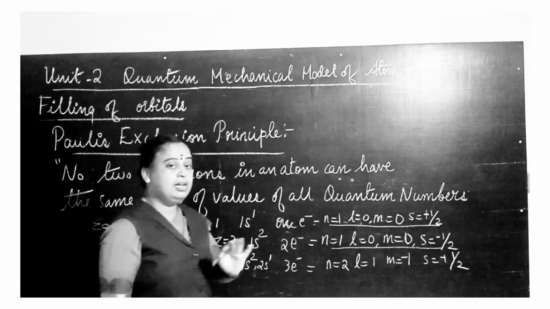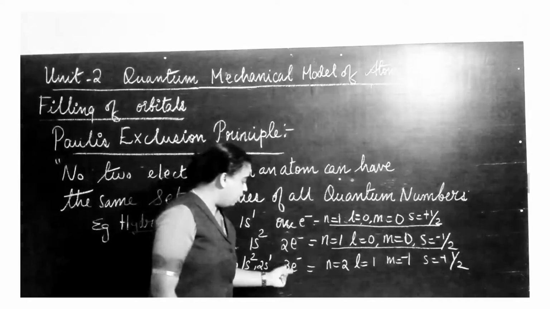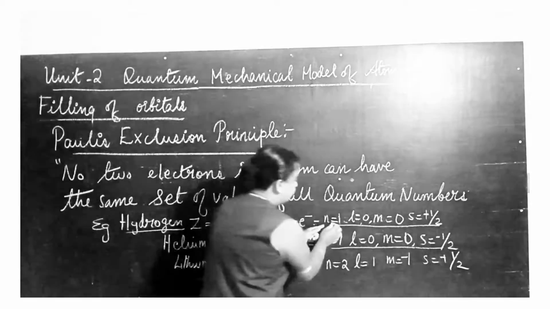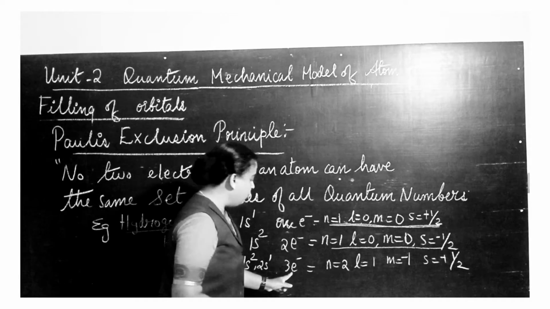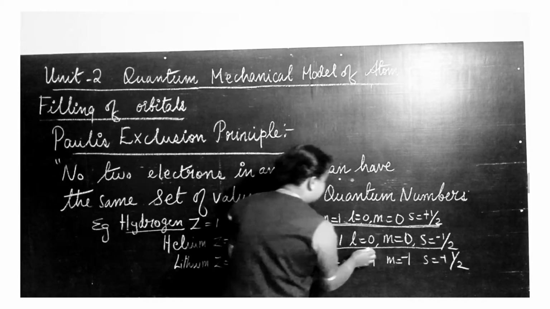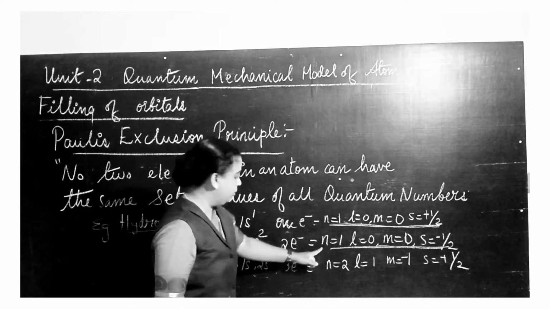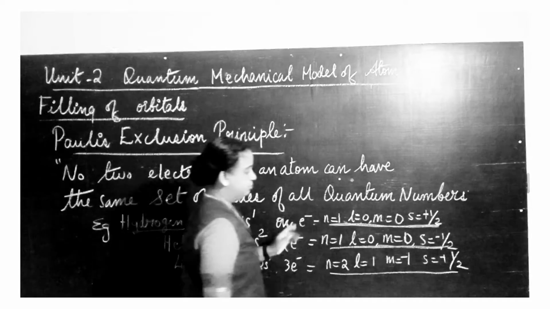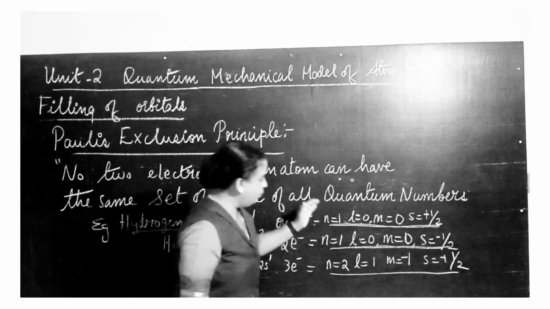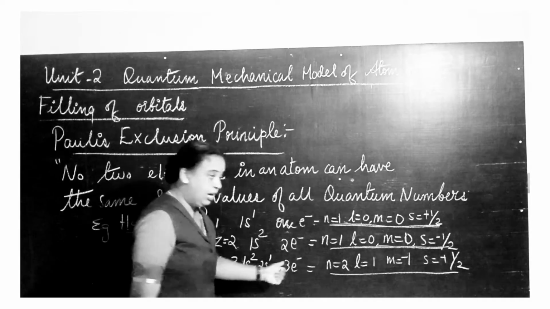Now let us see the quantum number values for these 3 electrons. The first electron will have the same values as that of hydrogen. The second electron has these values, and the third electron will have these values. Now look into this. The third electron, where is it present?